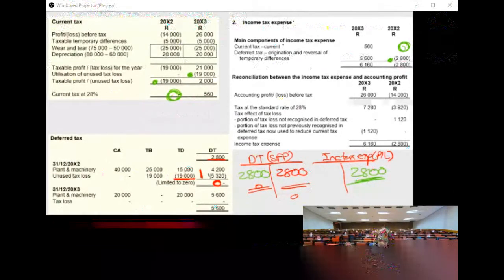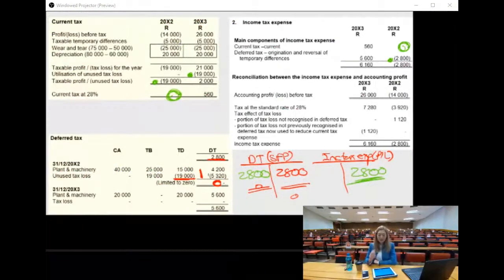So we have limited recognition. Remember the wording. Here in our current tax calc, we had an unused tax loss. Now in our deferred tax calc, we have an unrecognized tax loss. A proportion of my tax loss is unrecognized.